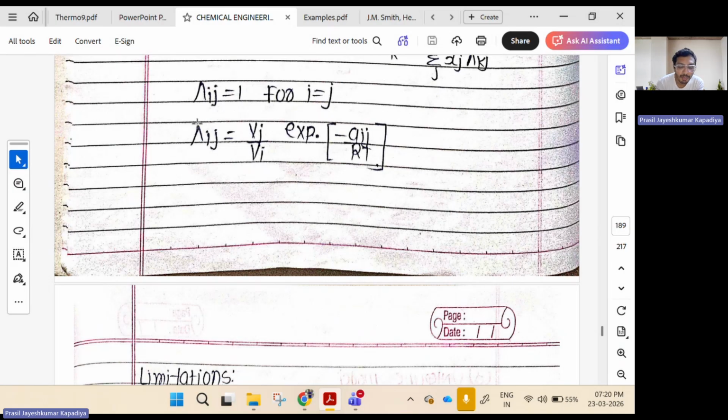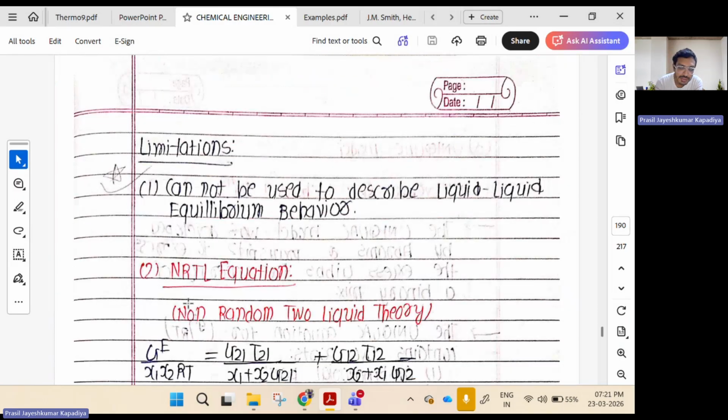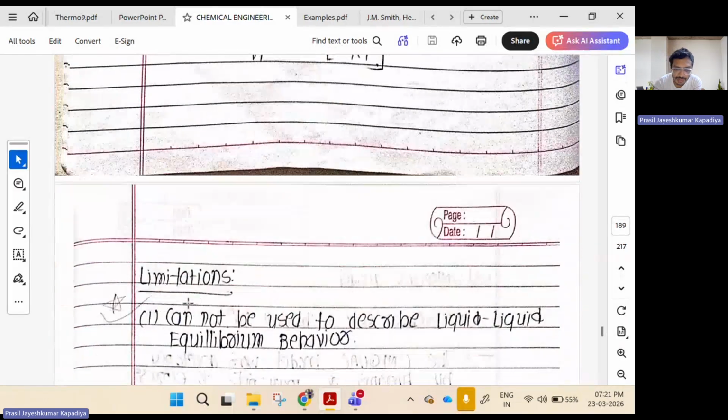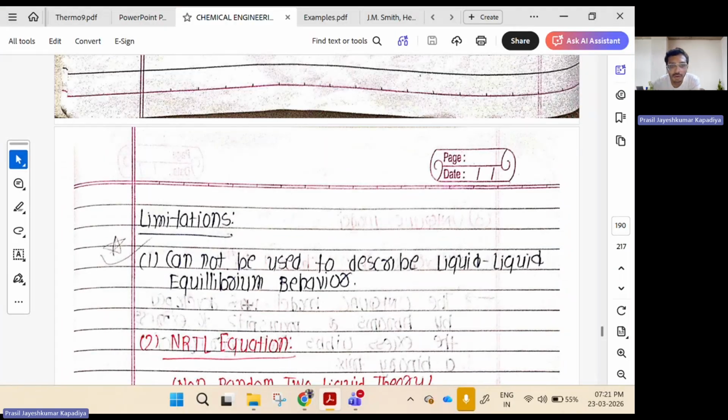So you can find this lambda parameter, and if you put it here for a given x1, x2, you find gamma 1, gamma 2. From the corresponding gamma 1, gamma 2, you need to do y1 P is equal to x1 gamma 1 P1 sat, and from there you can use this vapor liquid equilibrium. So this is how messy it looks.